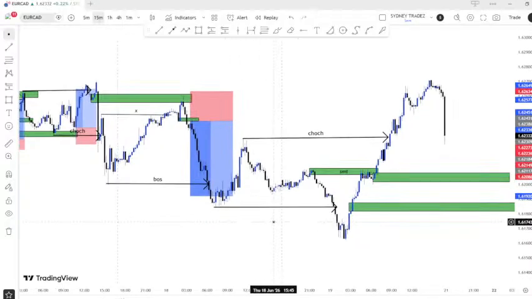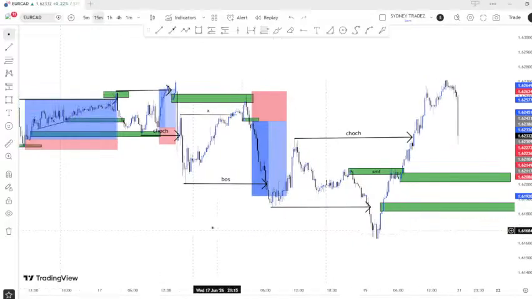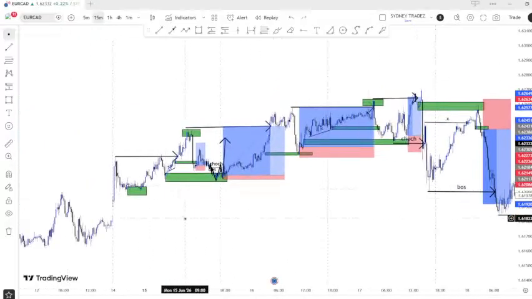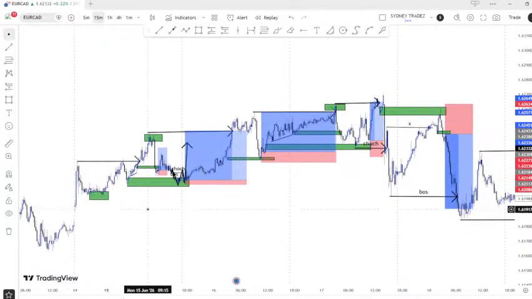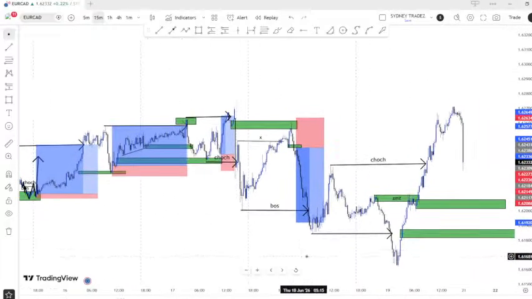Now for someone with proper risk management, let's say you had $100, and on the first trade you made $50, the next trade $50, and the third trade $50, plus the fourth trade $50. And on the 5th trade, make sure that you stay disciplined.